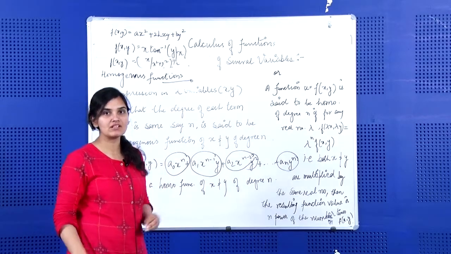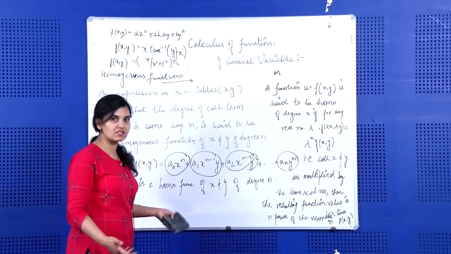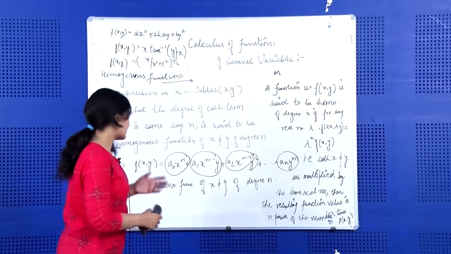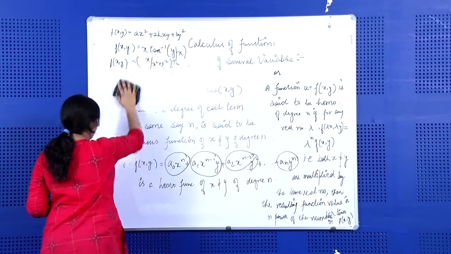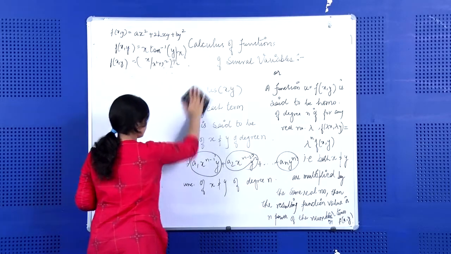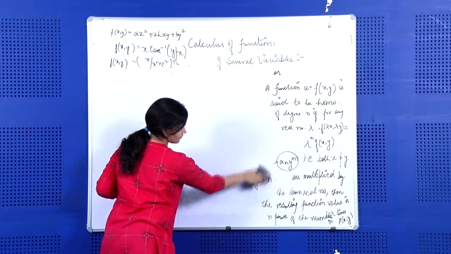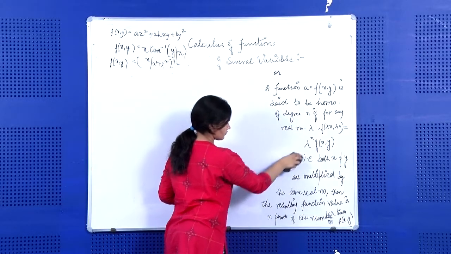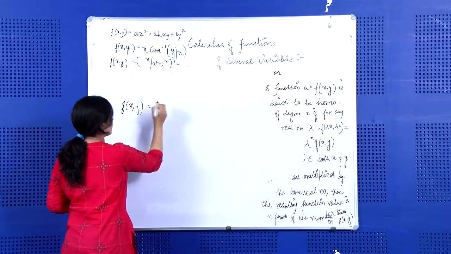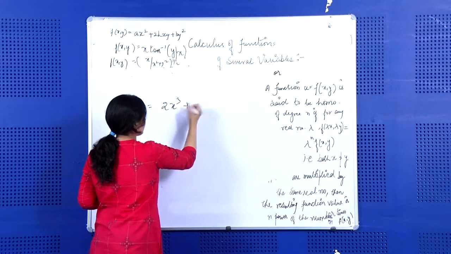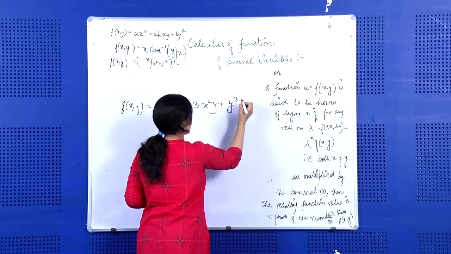Homogeneous function simply means all the terms of a given expression, a polynomial, have to have the same degree. If it is the same, it is homogeneous. If it is not, it is non-homogeneous. We can take some other example. Let us say we have f of x y equals 2x cube plus 3x square y plus y cube.